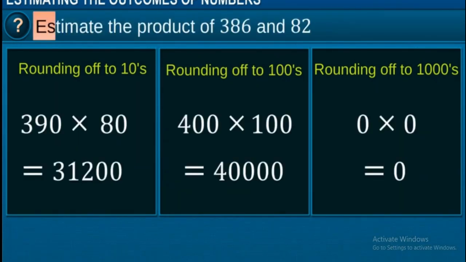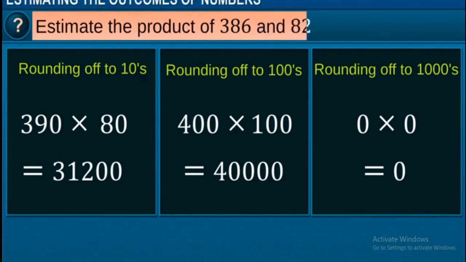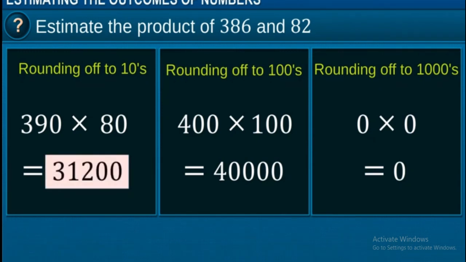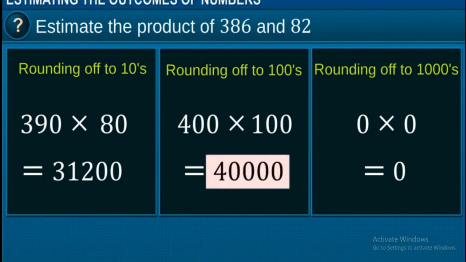Now, let us estimate the product of 386 and 82. After rounding off the numbers 386 and 82 to the nearest tens, we get the estimated product as 31,200. To the nearest hundreds, the estimated product is 40,000.